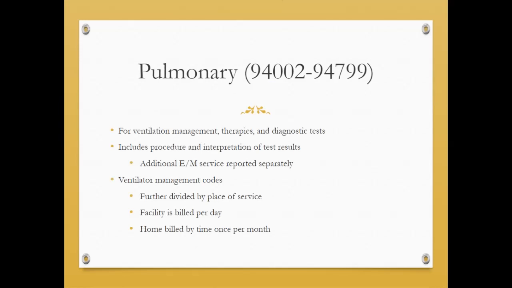You need to add an additional E&M service that's reported separately. Ventilator management codes are further divided by place of service. Facility is billed per day and home billed one time per month. Each test should be reported separately unless otherwise indicated in the code description.